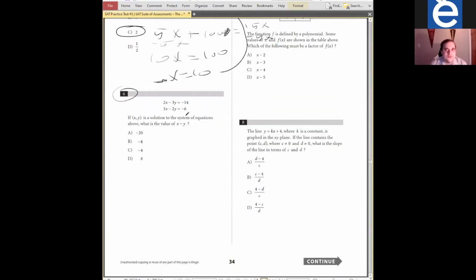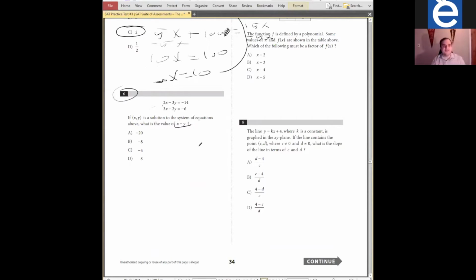All right, so here we have a systems question. If x comma y is the solution to the system of equations above, what is the value of x minus y? So there's actually a little trick here that you can do. Do you see how this is asking you for x minus y?